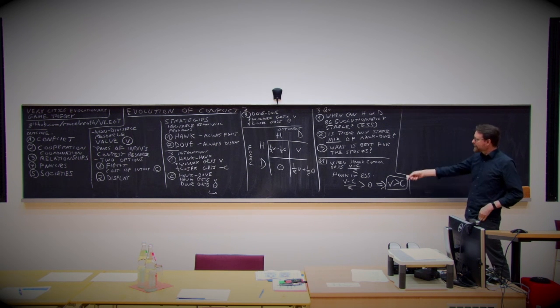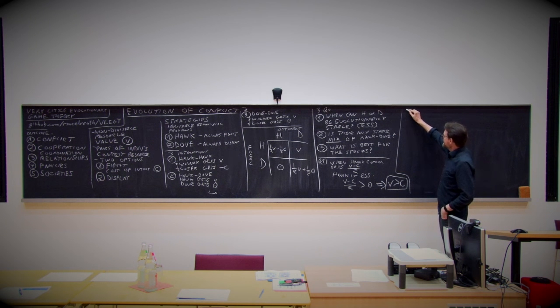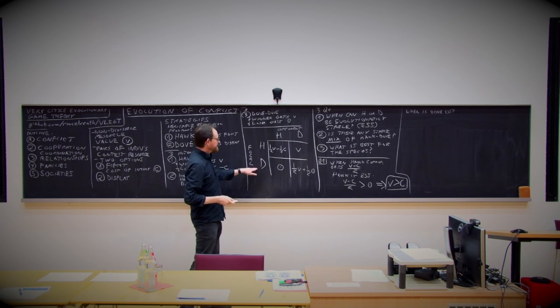So we also have to ask the opposite for doves, or the same thing for doves. When is dove an ESS? And we do the same kind of thing with the matrix. So dove against dove.